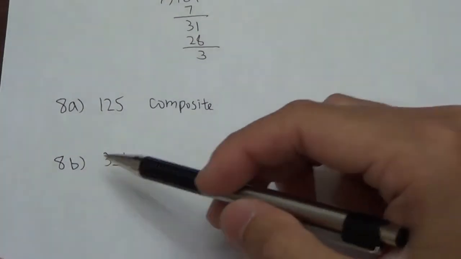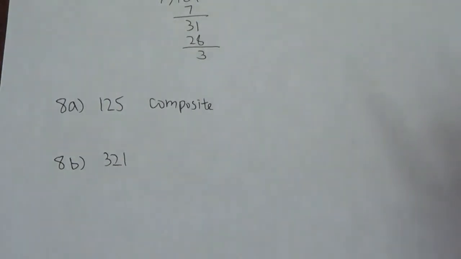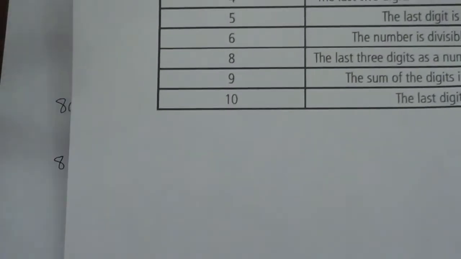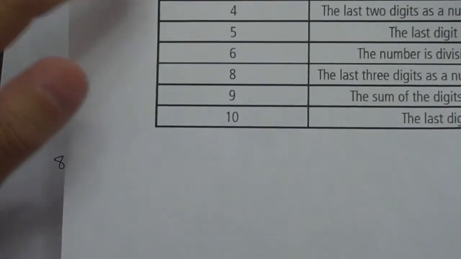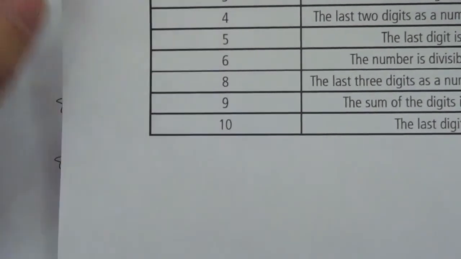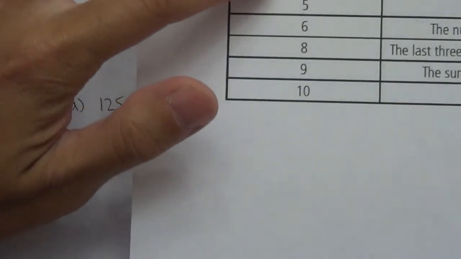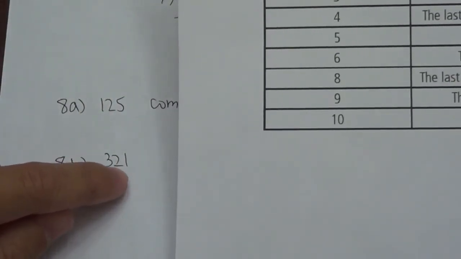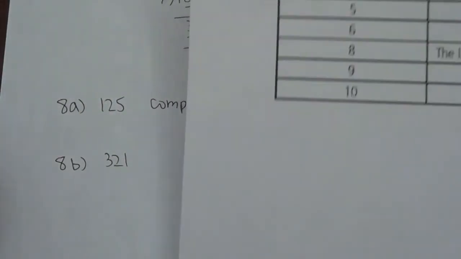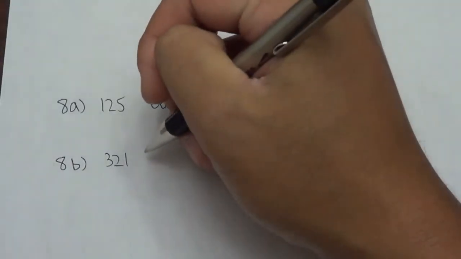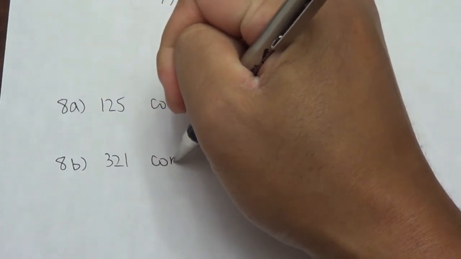8B, 321. Depending on if you're lucky or not, this one might take a long time or it might not. Divided by 2, it can't because it's not an even number. 3, if I add up the digits, 3 plus 2 plus 1 gives me 6. Lucky us, 6 is divisible by 3, which means this is also divisible by 3.